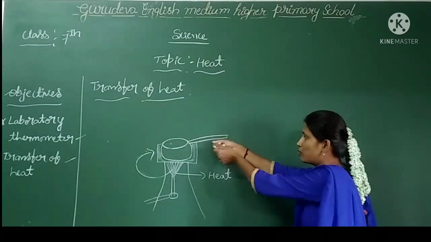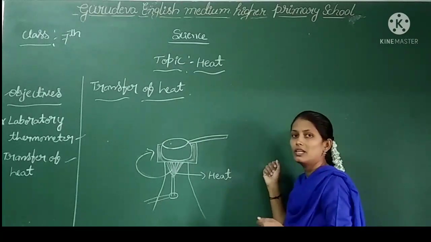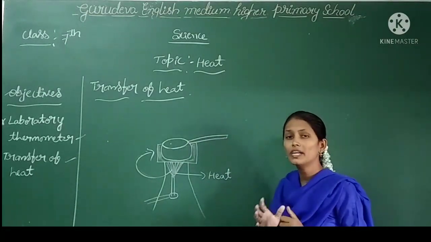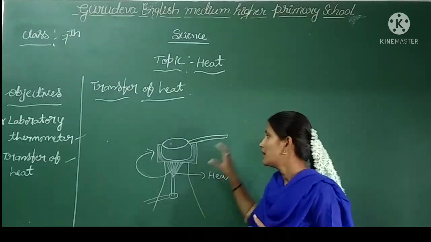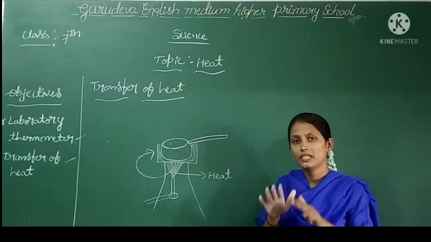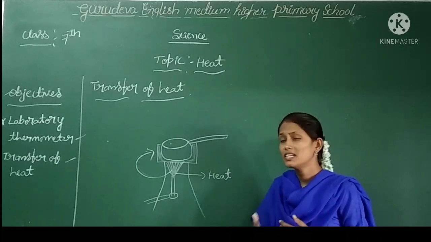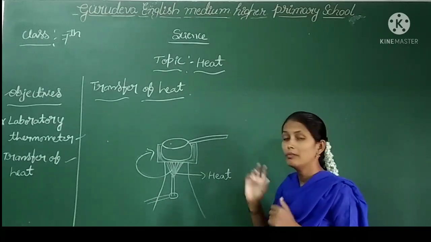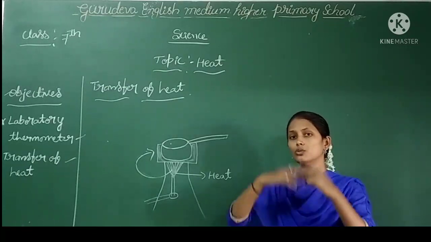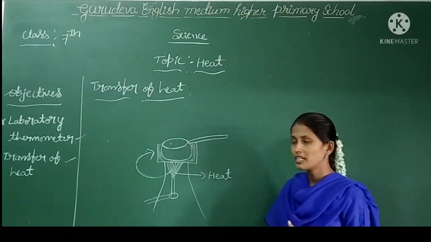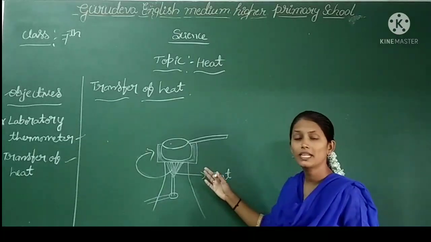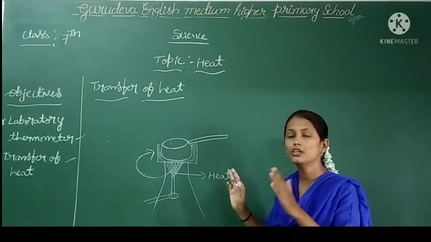Later, when I remove the pan away from the flame, what happens? The pan cools very slowly. Why does the pan cool? Because the pan transfers the heat to the surroundings. Dear children, look here: in two cases, heat is transferred from the hot object to the cold object.